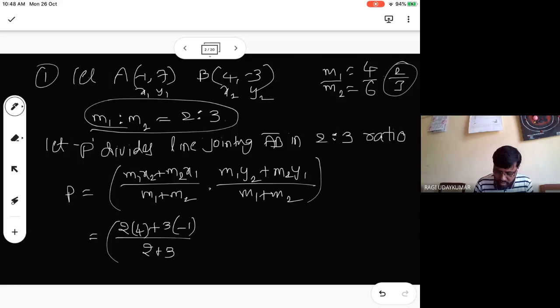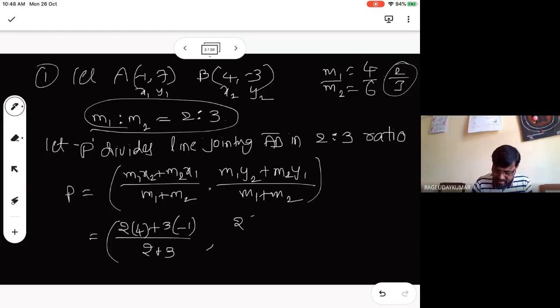Here if you take 2k, suppose I write k here, k here, k here, take k common and cancel, it will cancel out. So it is not essential to write that one. But originally you need to know that whenever the ratio is given to you, you need to take multiples.